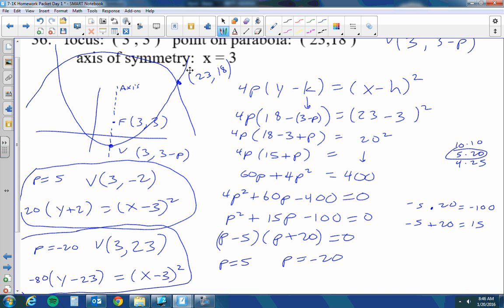You can say they're a pain. But there you go. And like I said, the key with something like this is working out how to use what you're given to express this in terms of one variable. And the real key was realizing you can express that y value in terms of p. Because until you realize that, you're stuck.